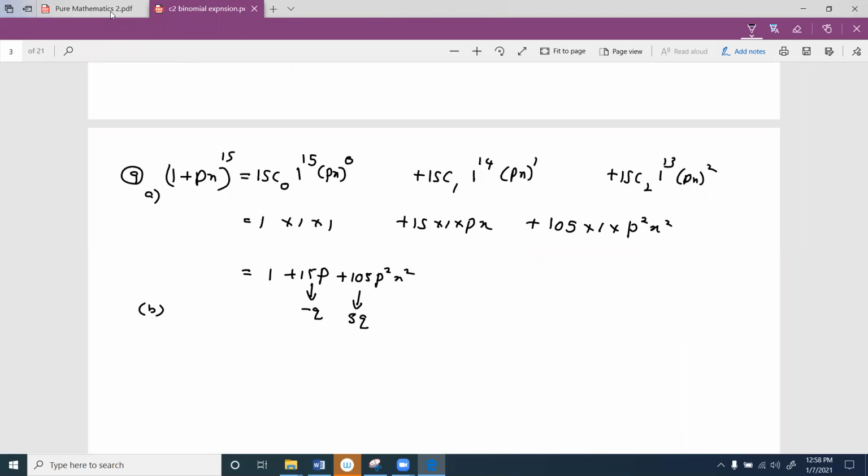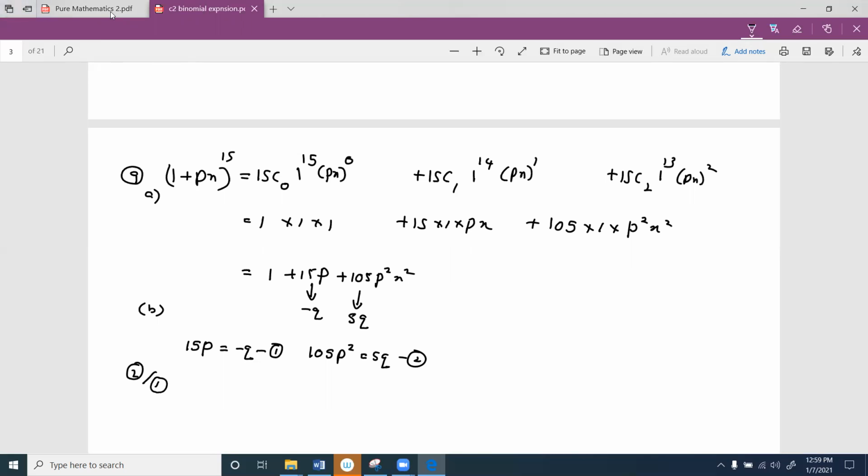Then you can say 15p is equal to minus q. And the other one is 105p squared is equal to 5q. I'll take this one as the first equation and the second equation, right? Then I'll divide the second equation by the first equation.